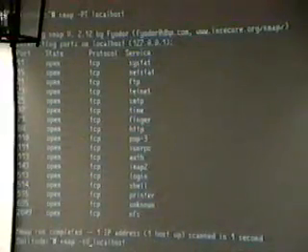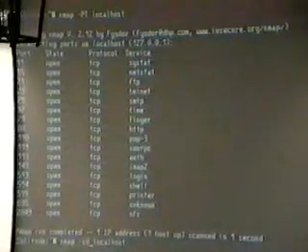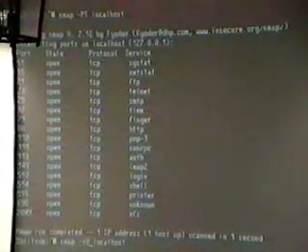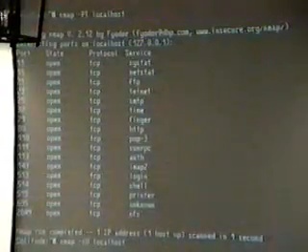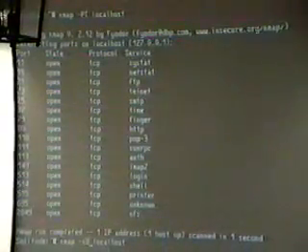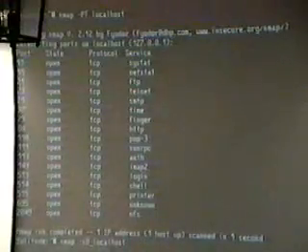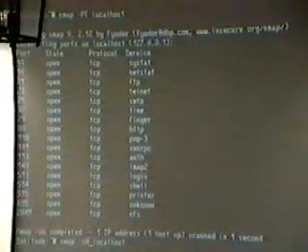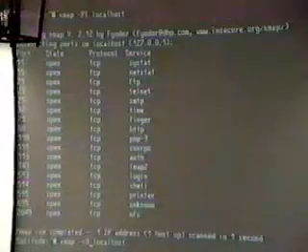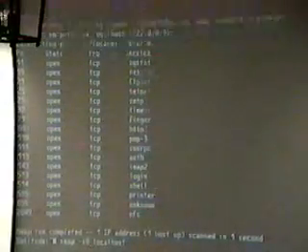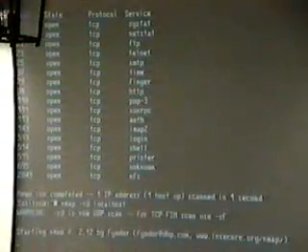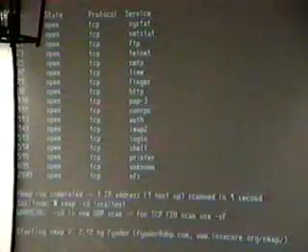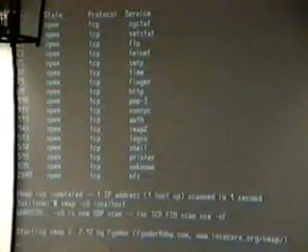The UDP scan takes considerably longer because of the kernel limitations for sending out ICMP error messages. This is defined in RFC 1812, section 4.3.2.8. Yeah, it's beautiful. They ignore the RFC, that's why.